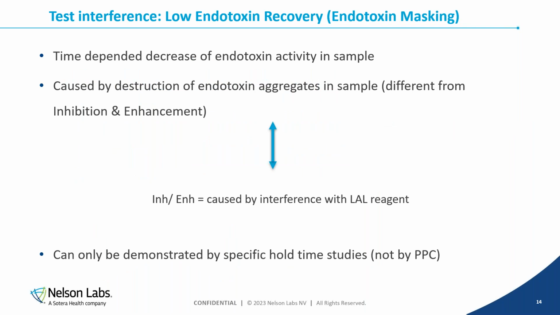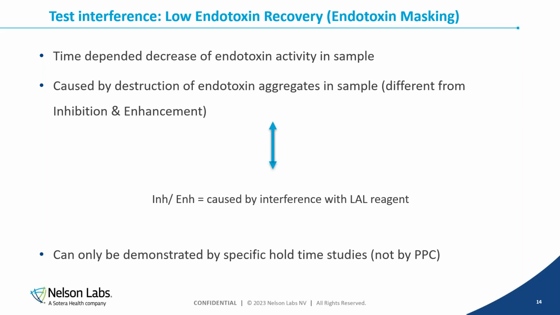And then there's another test interference, which is much more complex, which we call low endotoxin recovery, or another name that you have probably heard is endotoxin masking. This is a time-dependent decrease of endotoxin activity in your sample. If you have endotoxins in your product and test immediately after addition, you will find them in your assay. If you wait 24 or even 48 hours, it might happen that you won't see any activity at all.